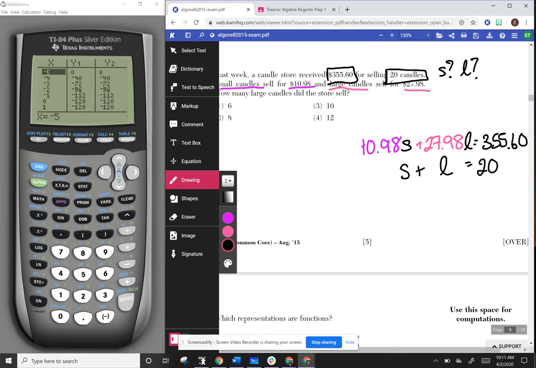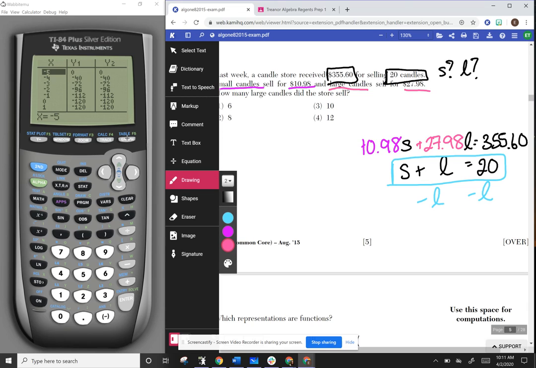And there's a few ways that we can solve this, but since I'm going to look at this one down here, since S and L do not have coefficients or numbers in front, I'm going to solve this through substitution. What do I mean by that? So take S plus L and solve for one of these variables. So I'm going to solve for S, because why not? So I'm going to subtract L on both sides.